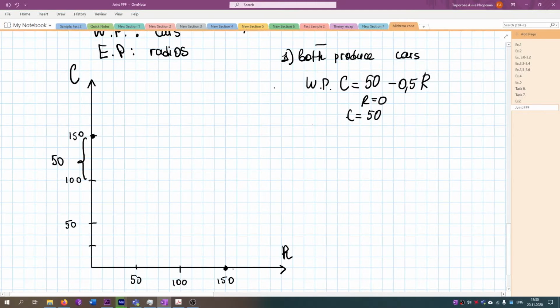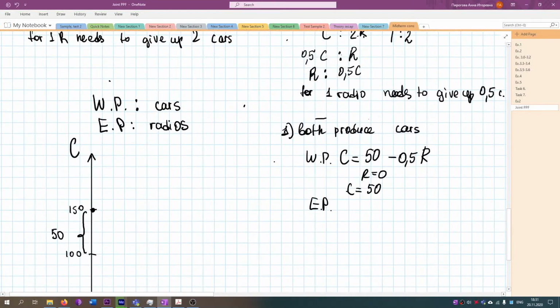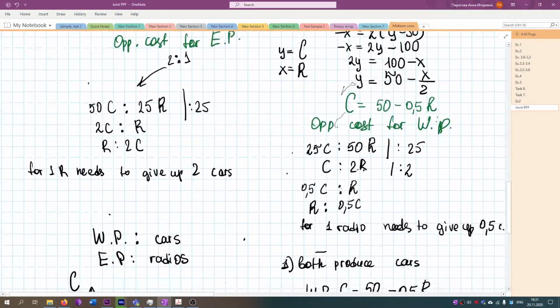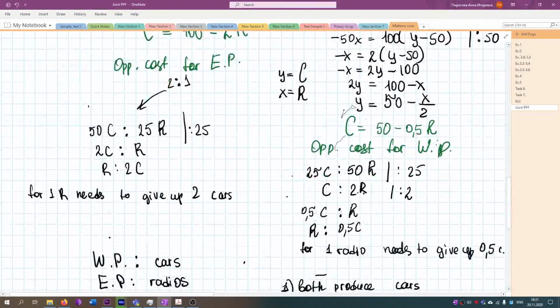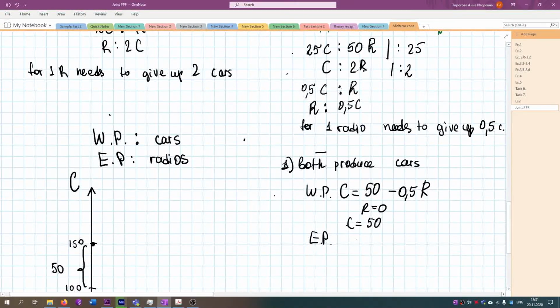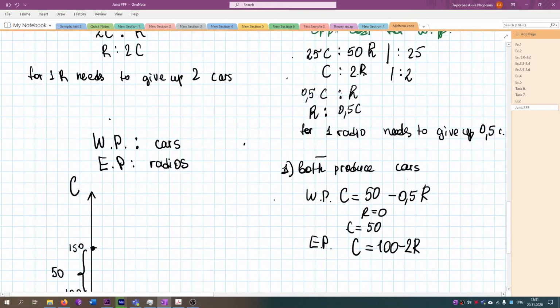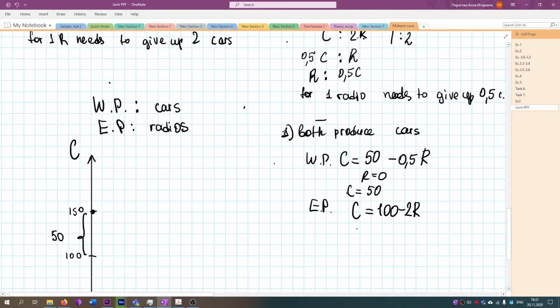Now let's determine what will happen if Eastern production will produce only radios. So we take the function for Eastern production, which is equal to 100 minus 2r, and in this case the number of cars is equal to 0, because we decided that Eastern production will produce radios.